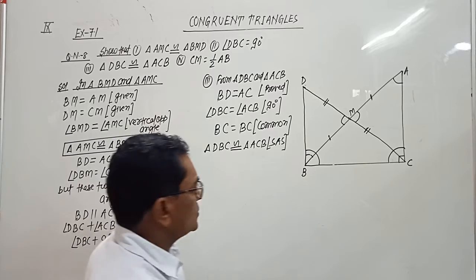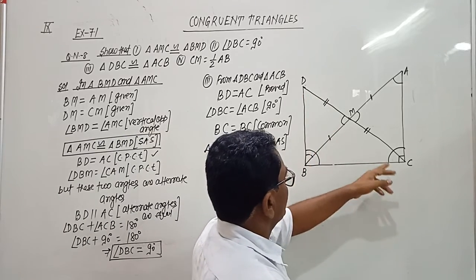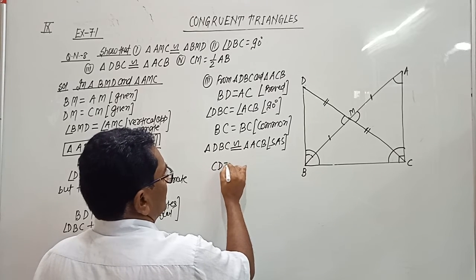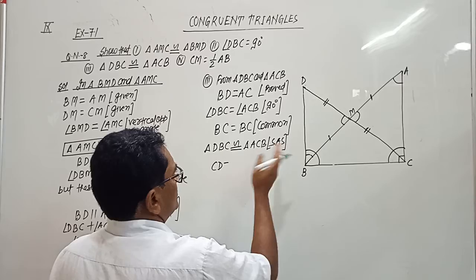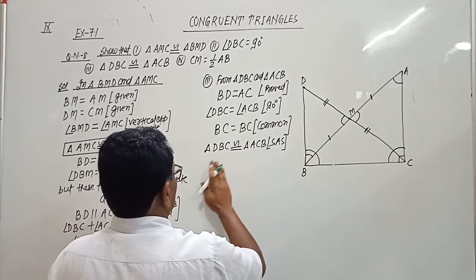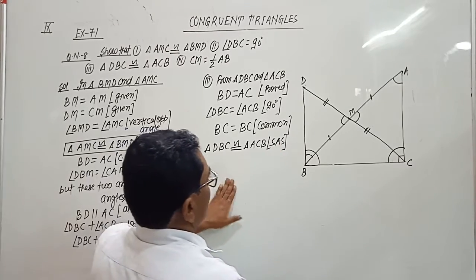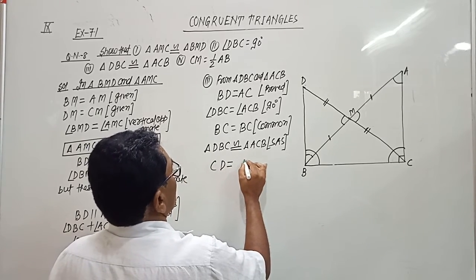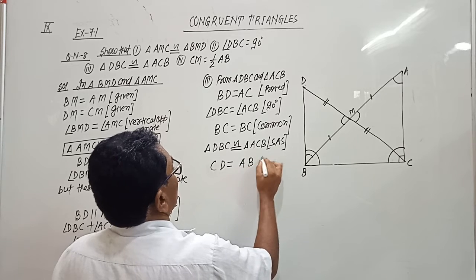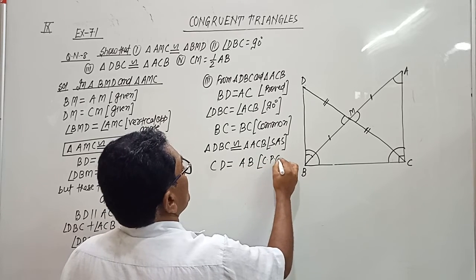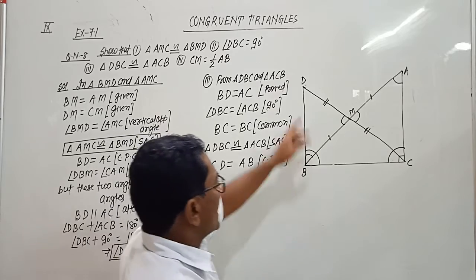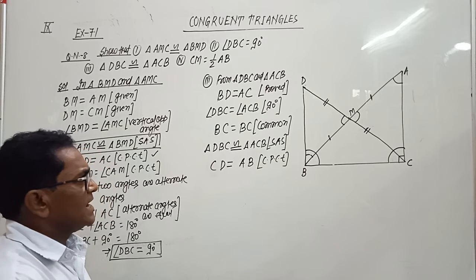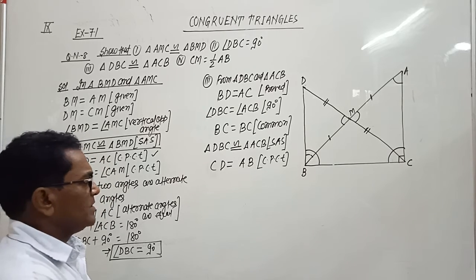And if these two triangles are congruent, then by CPCT, CD equals AB. Since triangle DBC is congruent to ACB, therefore side CD equals side AB.